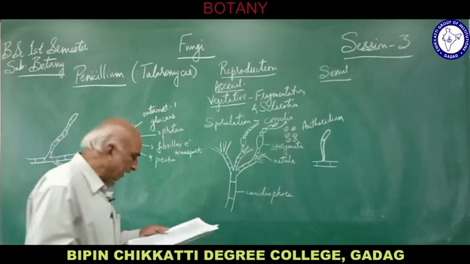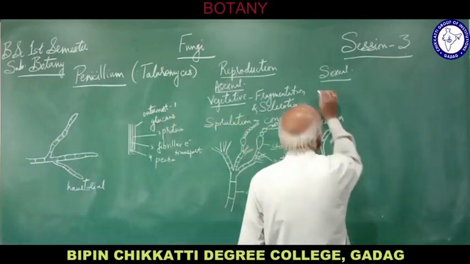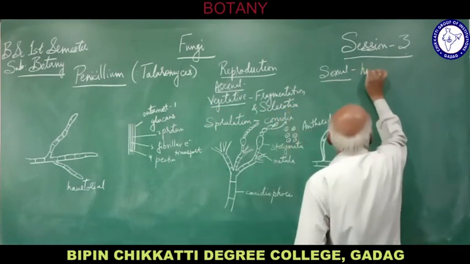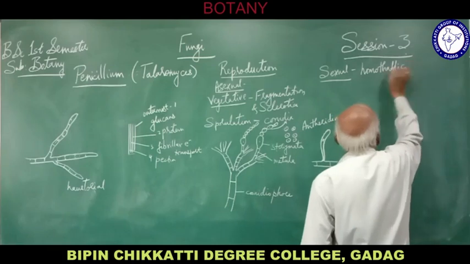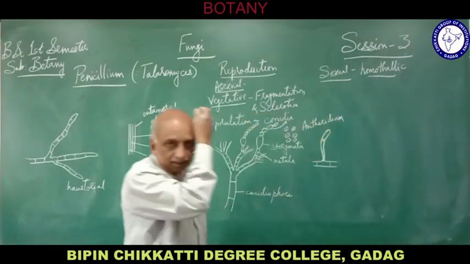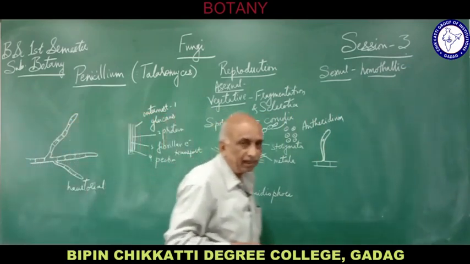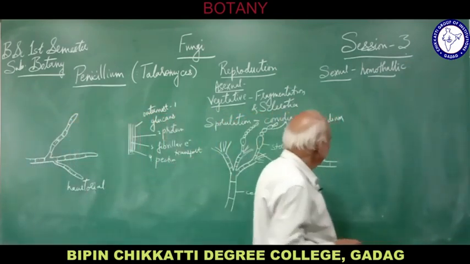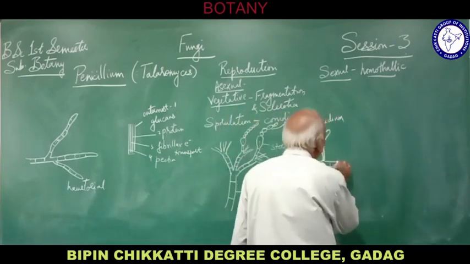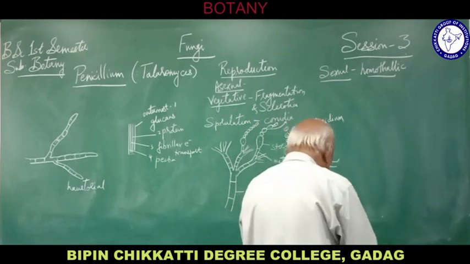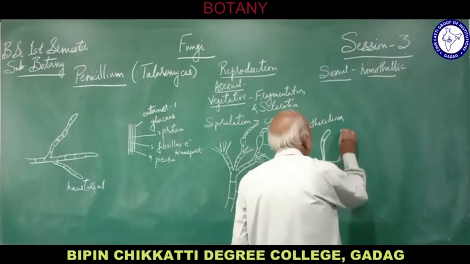Now if you come to the ascogonium, I said in the case of Penicillium, usually it is homothallic, meaning in the same mycelium we find the production of the antheridia as well as the ascogonium. Ascogonium means it is a female reproductive part. This female reproductive part is somewhat longer than the antheridium.